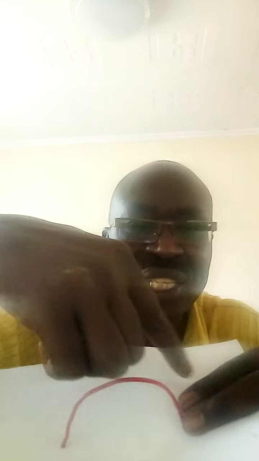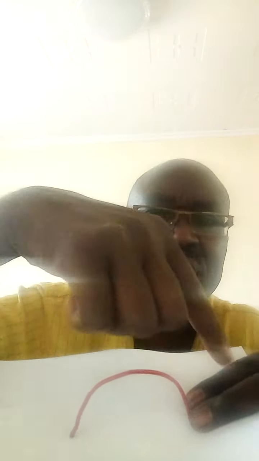By the current in the conductor affecting the iron filings. We don't have a magnet. But when we allow current to flow in a conductor, it affects the patterns of iron filings. Hence the topic, magnetic effect of electric current.